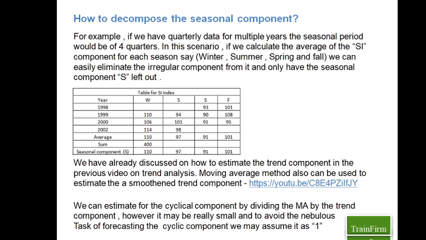So there are two options for you. One is that you can go through a very hard process to create a forecast for it, or you can just live with a simple assumption that since it's very low and close to 1, I will just treat the forecast for the cyclical term as always 1, right? That's a good approximation you can make.